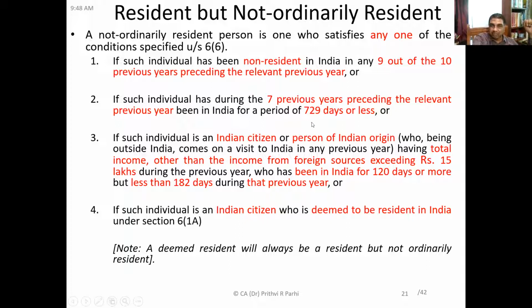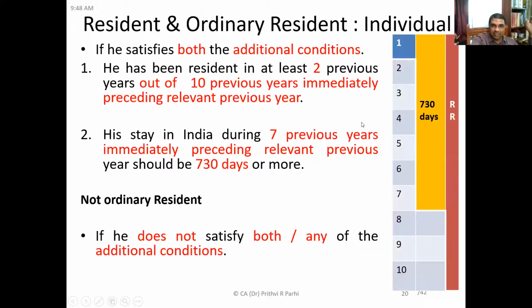That means if he stays for 730 days or more, he'll be ordinary. Okay, 729 days or less is not ordinary. 730 days or more is ordinary. So it is easier for you to remember in this way. His stay in India during 7 previous years immediately preceding the relevant previous year should be 730 days or more.